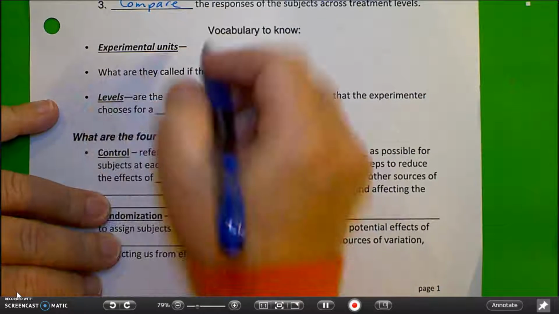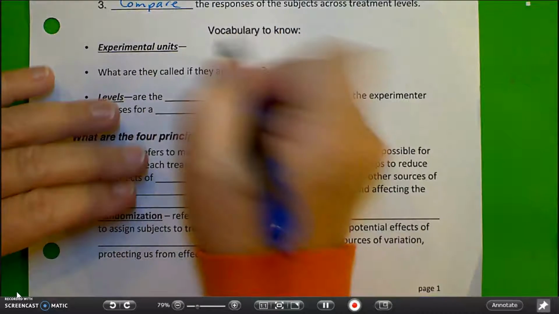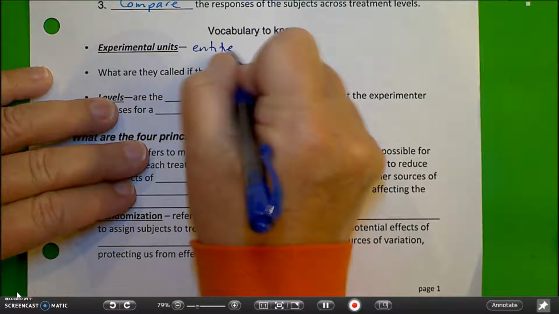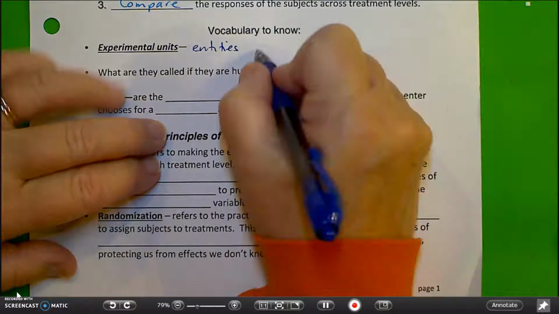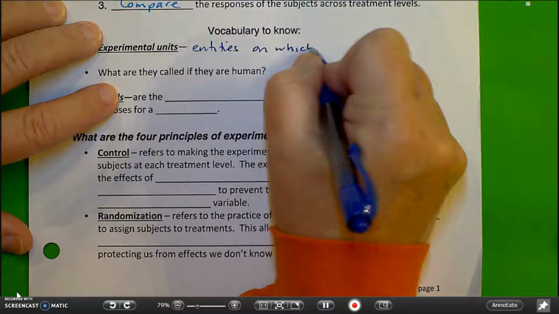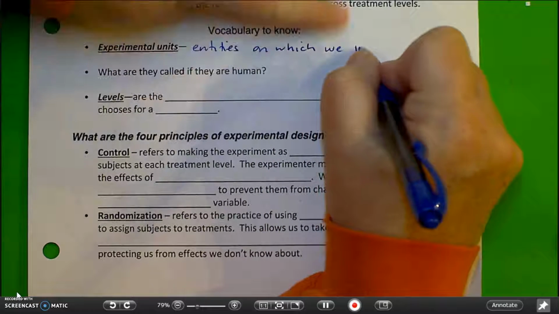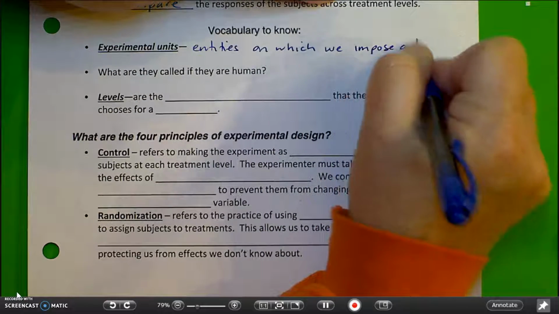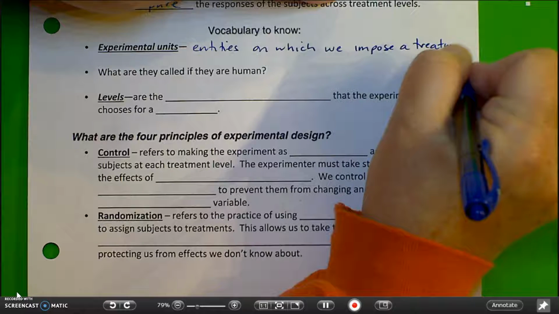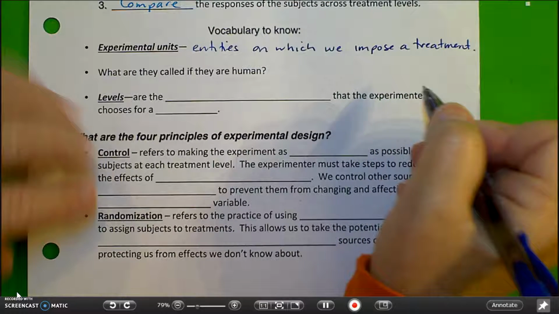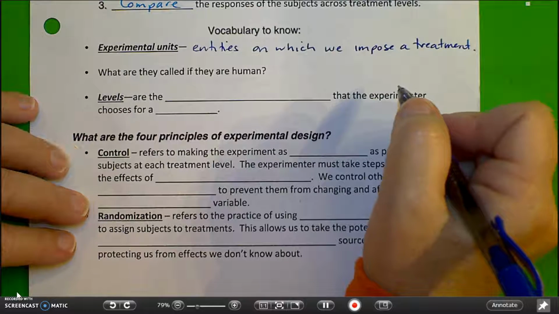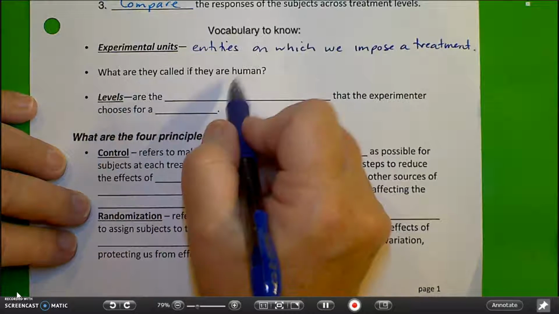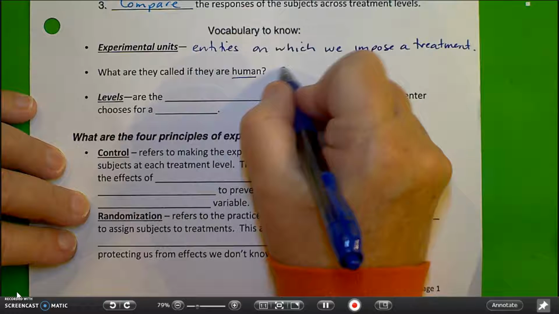So experimental units are the entities, which could be things or people, on which we impose a treatment. So they're the objects of our study. What do we call them if they are human? They're called subjects.